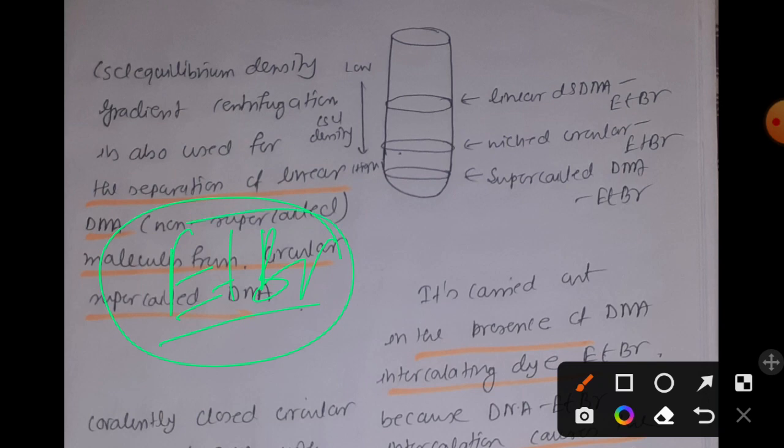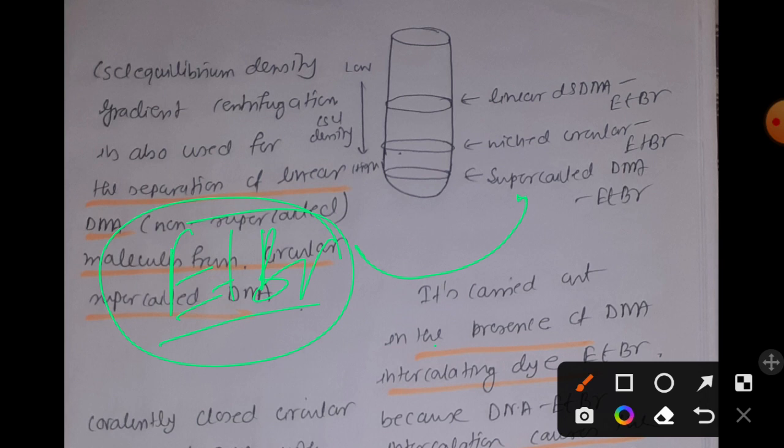Not only will ETBr help in unwinding of the double helix, but it will also reduce buoyant density. That means when you are using ETBr and performing a density gradient centrifugation, the buoyant density you will get is not the actual buoyant density because ETBr has already reduced it.